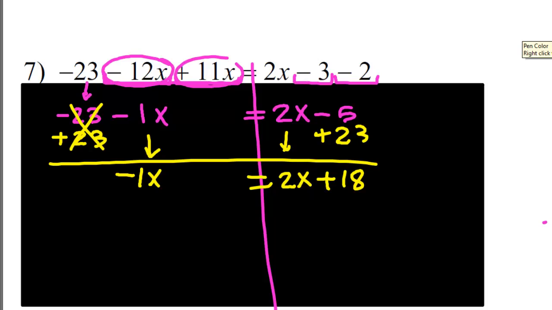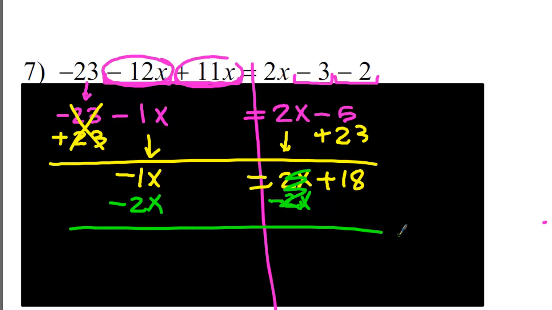I can combine a negative 1x and 2x. Alright? So we have to get rid of the 2x. Okay. Negative 1 minus 2 is negative 3x.